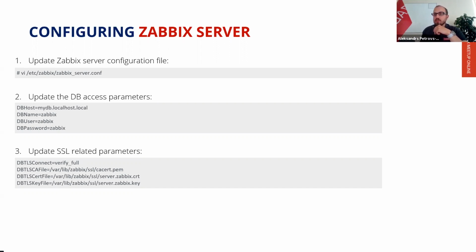So verify full will also verify the common name we provided in the certificates and the host name. But there are less secure, I would say, options that can allow you, for example, not to check the common name, and you can find all of them in the documentation. And then update the file locations like CA file, cert file, key file.